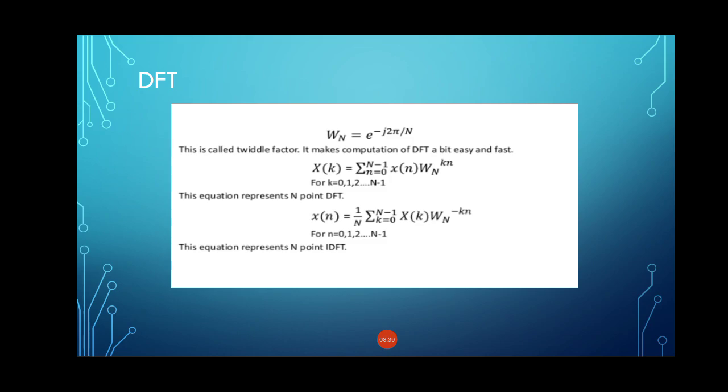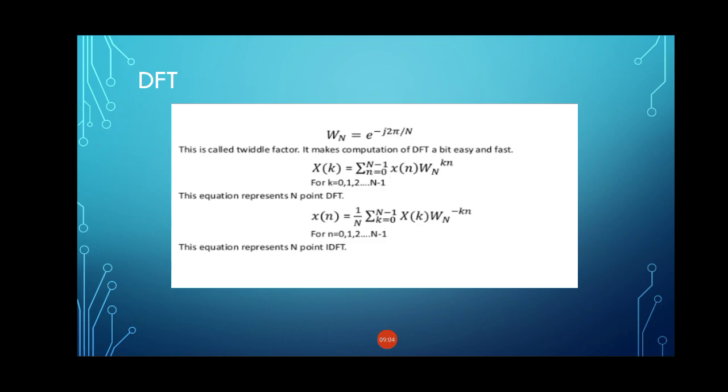Here it is just the opposite. You have W_N to the power plus kn in DFT, and in IDFT you have a minus power, because W_N itself has absorbed a negative power e to the power minus j twice pi by N. The proof of this inverse DFT you will get in books. I am not going into the proof of the inverse DFT.